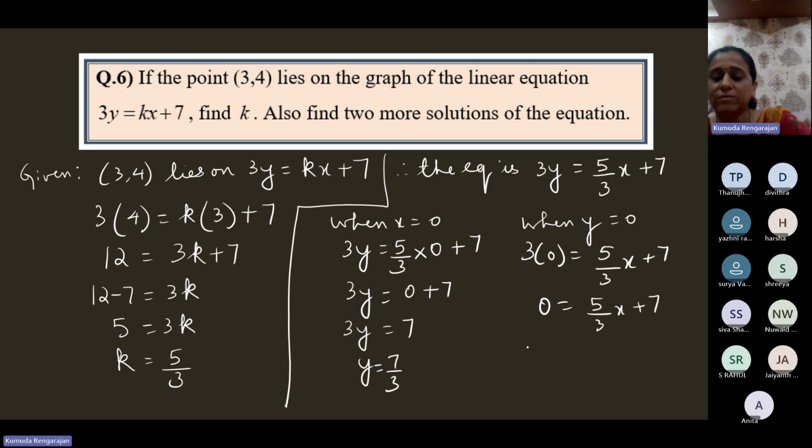So we have 5 by 3x is equal to -7, children, if you understand. So x is equal to, when you cross multiply, -21 by 5.